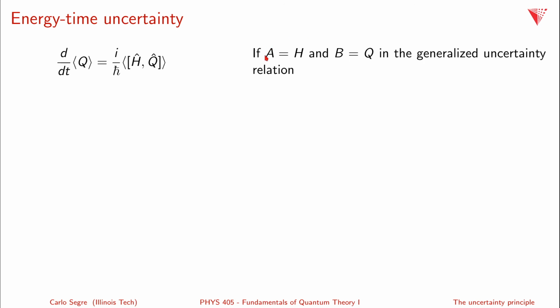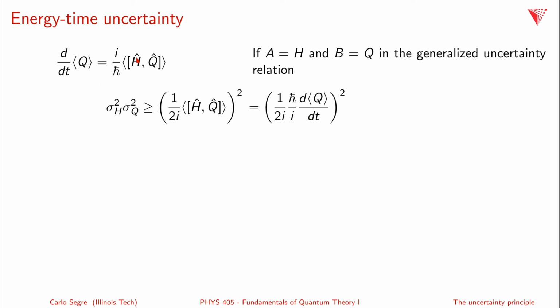So if A is equal to H and B is equal to Q in the generalized uncertainty relationship, we can write that the variance of H times the variance of Q is greater than or equal to 1 over 2i times the expectation value of the commutator of H and Q, all quantities squared. But this tells you exactly what that's equal to.